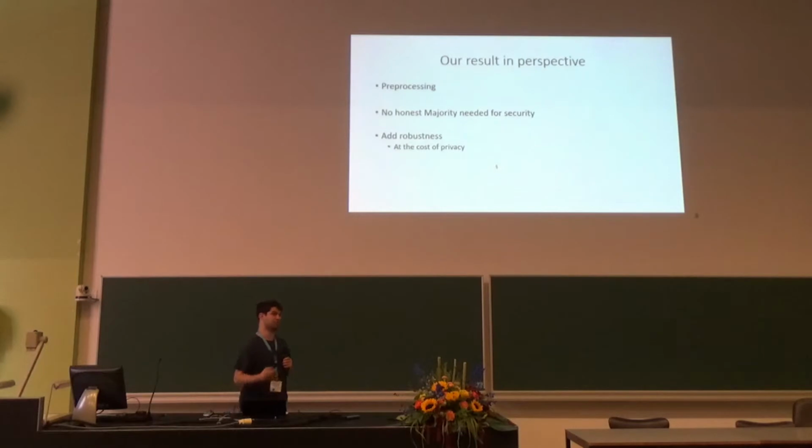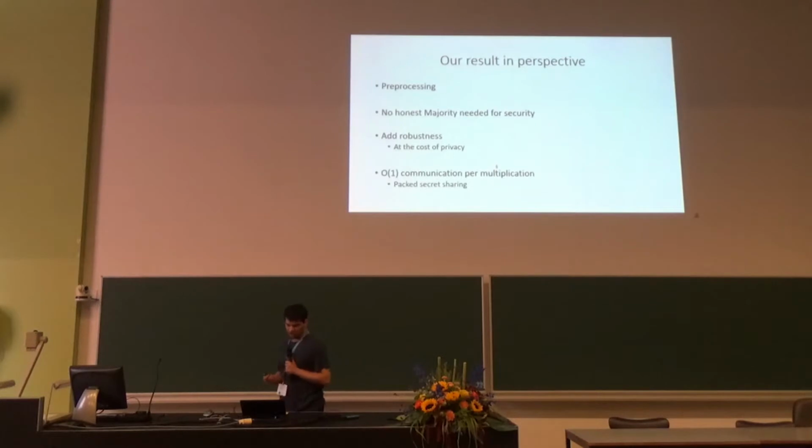What we can do is add robustness, so we can make the protocol more robust. But of course, making a protocol more robust means you have to sacrifice some privacy. And then we can actually do a constant amount of communication per multiplication by using packed secret sharing. So basically, we can do many multiplications in parallel.